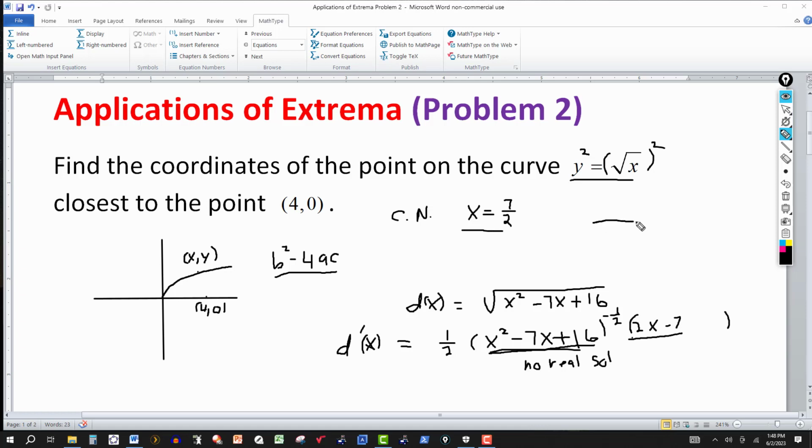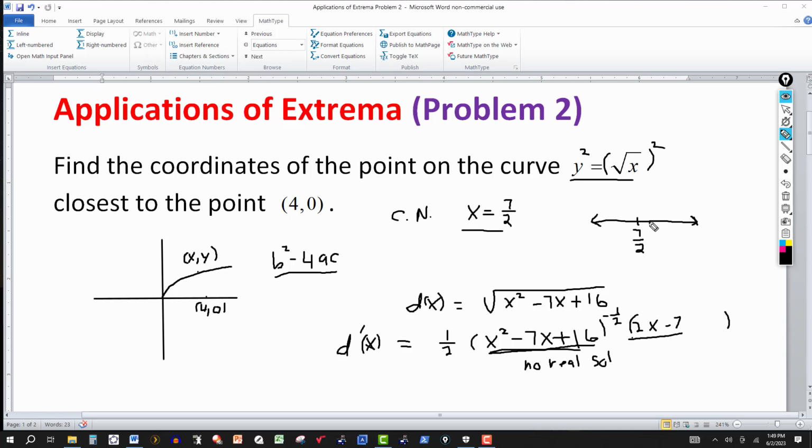So all you have to do then, using the first derivative test, there is a second derivative test, but you can do most of these with the first derivative test. And all you have to do with the first derivative test, as we saw in the earlier videos, is look at the sign of the derivative to the left and to the right of the critical number. So if I pick a number, this is 7/2, it's 3.5.